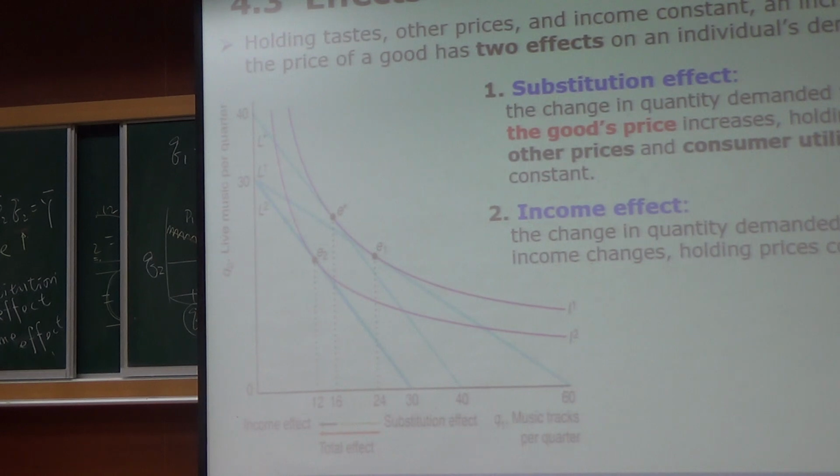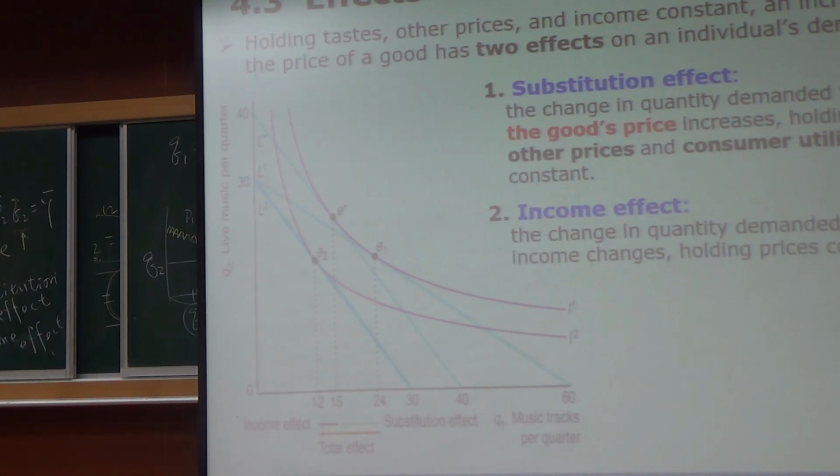So if we want to hold real income constant, we have two ways to do this, and the very first way is just to hold the consumer utility. So this is just one type, and later on I will introduce another type.